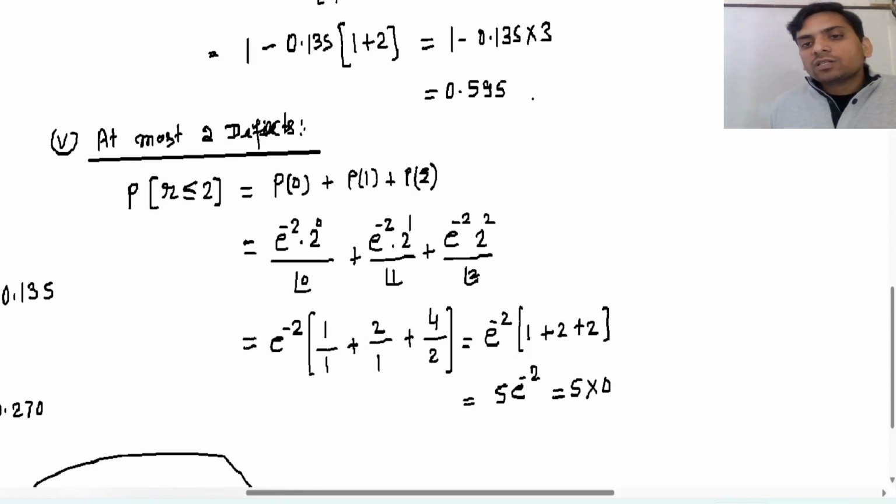That is what? 0.135. So your answer is 0.675. So answer is 0.675. This is the case of at most. So this is overall Poisson distribution. Clear?